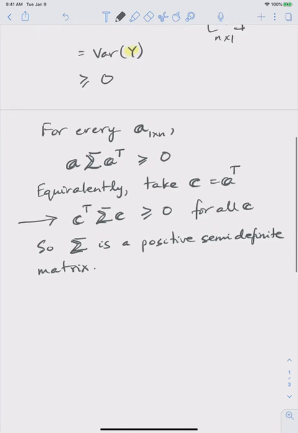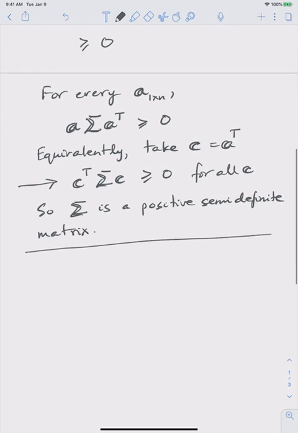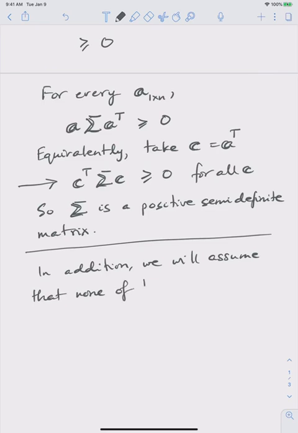We are going to assume that our random variables are not linearly dependent on each other, and so I can state that another way. We will assume that none of the elements of X is a linear combination of the others.